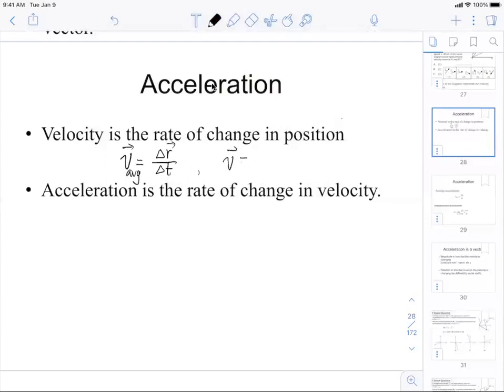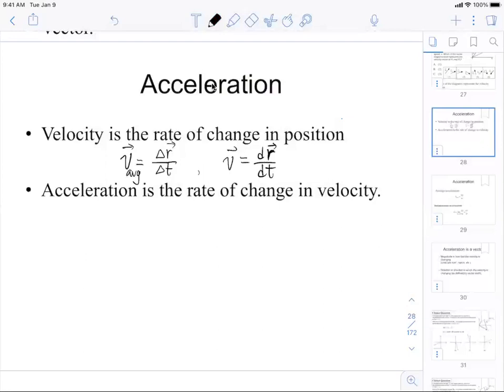For instantaneous velocity, you're simply taking the derivative by making the two points very close together, so dr over dt. This is the rate of change, how fast you're changing.